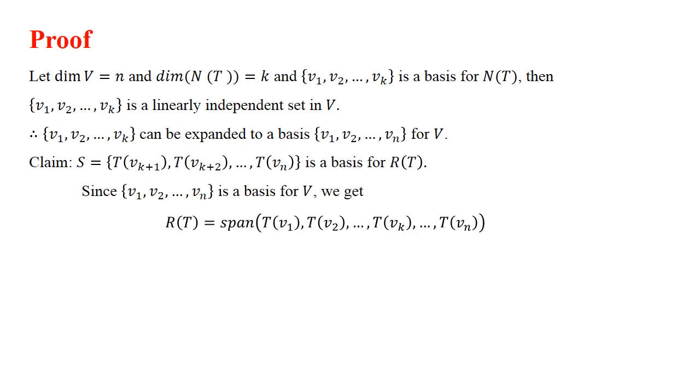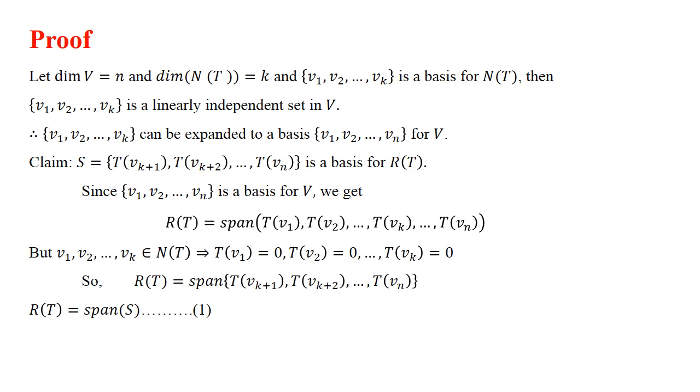Now since V has dimension n, it has n vectors as a basis, and the range space of T can be formed by the span of T(v1), etc., T(vk), etc., T(vn).